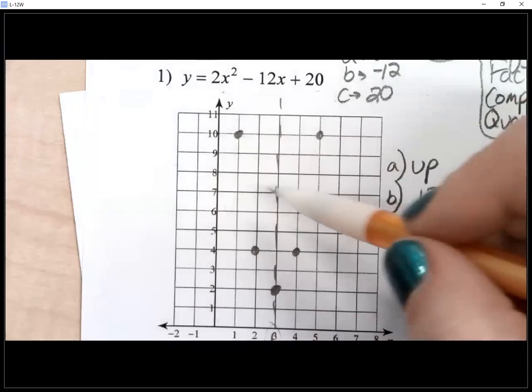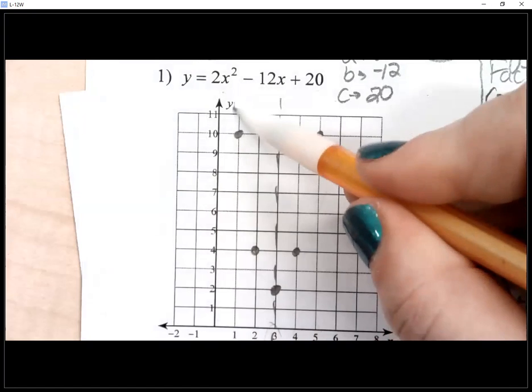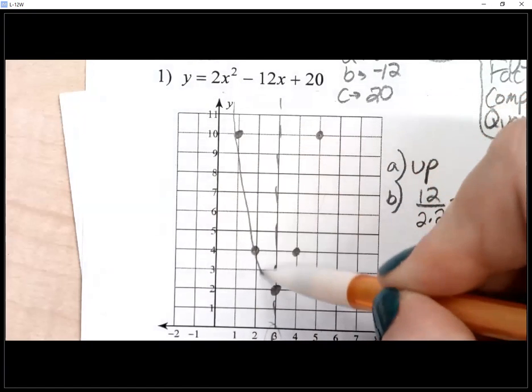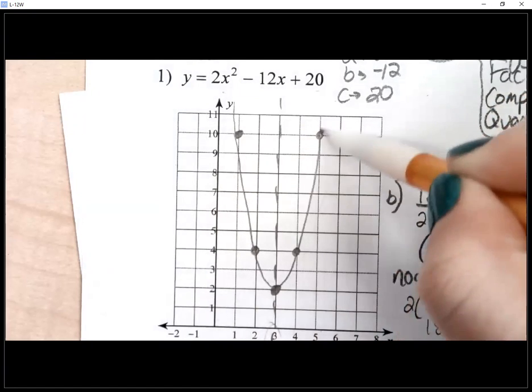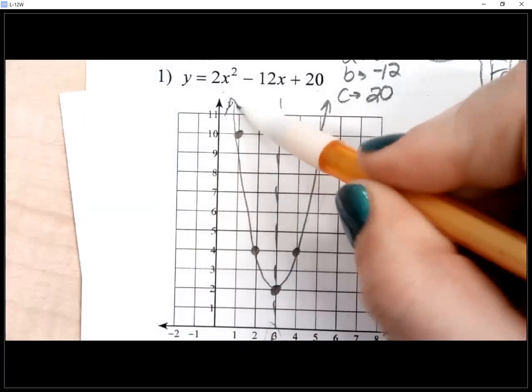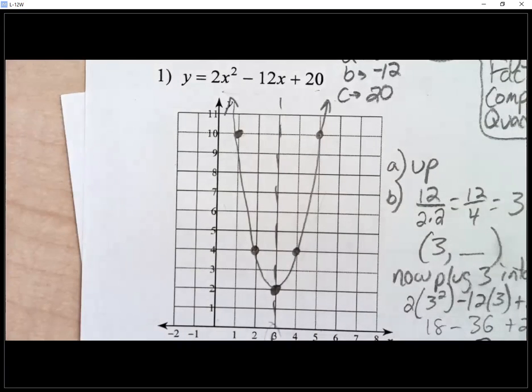All right. And then I just connect with a nice smooth curve. And there you have it, friends, a beautiful parabola that you have graphed. Isn't that one nice?